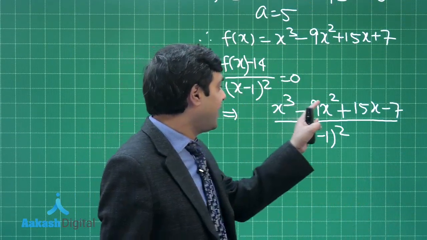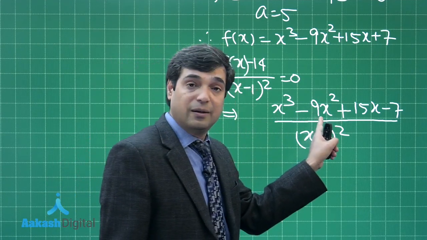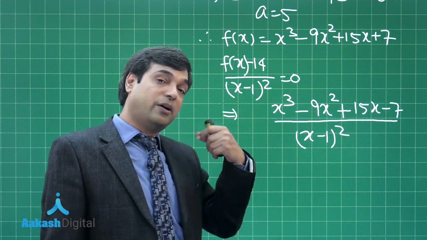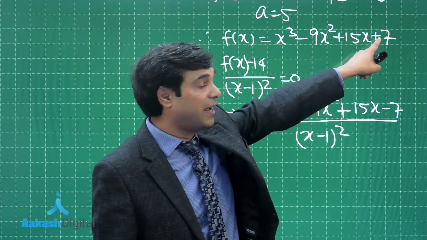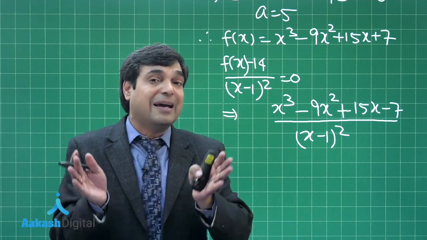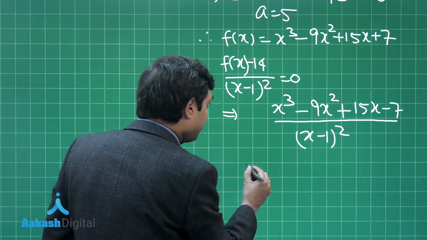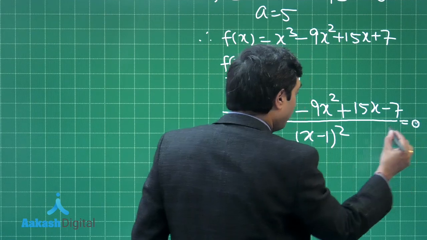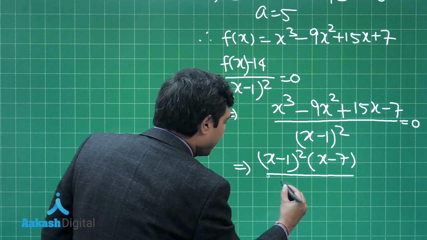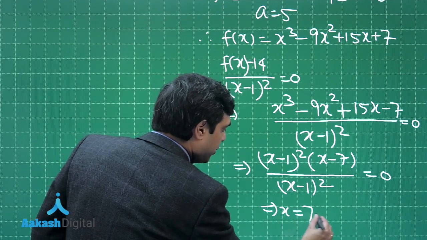Now, when you substitute here x equals 1 in the numerator, you can see this is 1 minus 9 plus 15 minus 7, that is simply 0, right. So, the derivative we already know for the function; the constant is not going to make any difference, meaning it is a function having x minus 1 as a double root, right. When you factorize, you get (x minus 1) whole square into (x minus 7) divided by (x minus 1) whole square is equal to 0, or x is equal to 7.